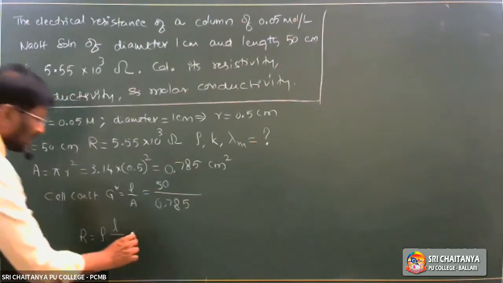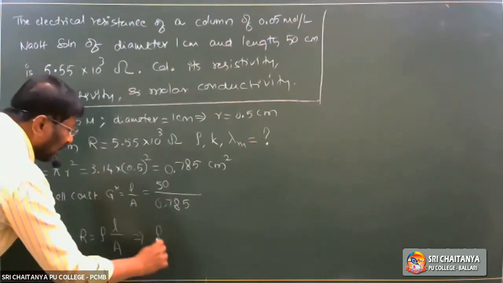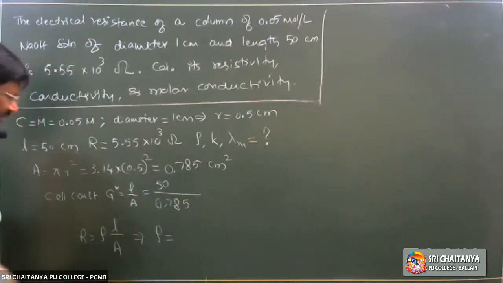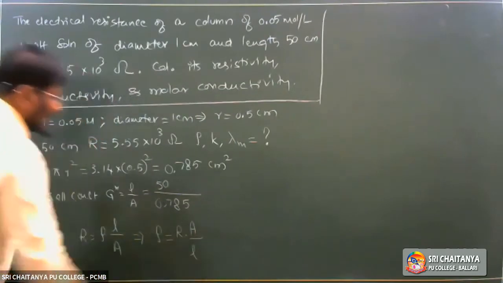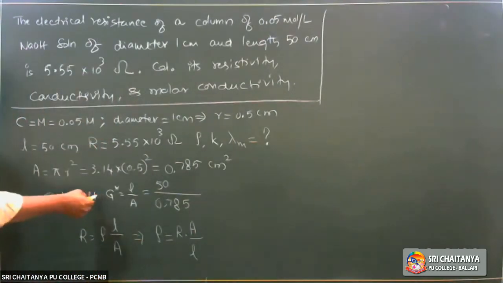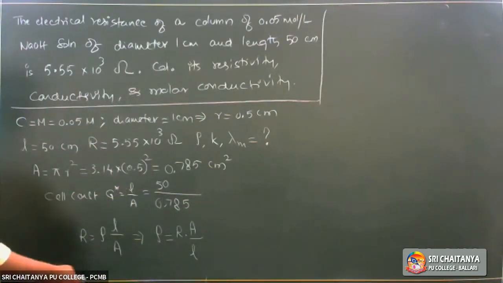So from this equation, rho is equal to R into A by L. If they need G star, you can simplify this.